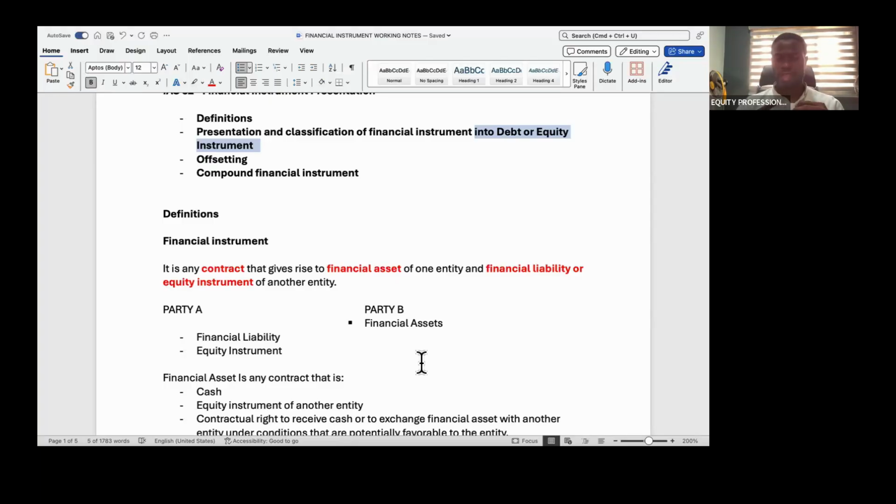We spent a lot of time on this definition, and I went further to define financial assets, financial liabilities, as well as equity instruments. We then solved series of questions.